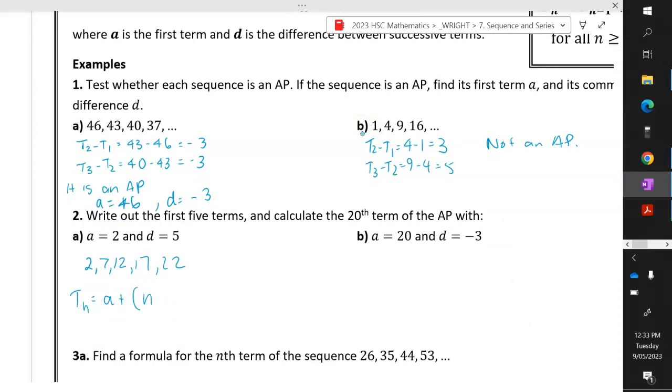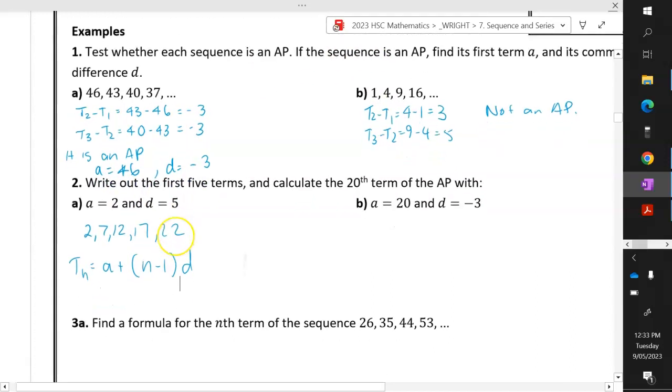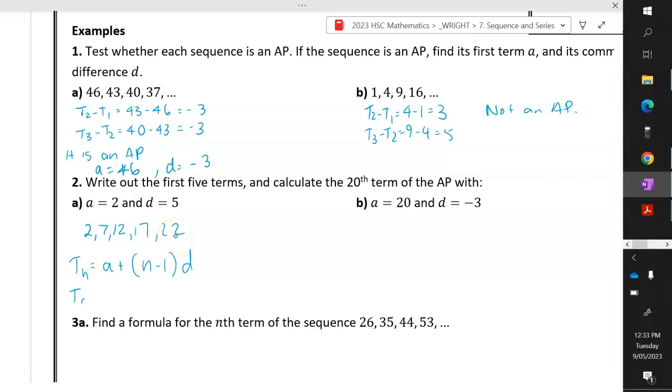We have A and we have D. So we want to find term 20. Term 20 would be 2 plus n minus 1, which is going to be 19, times 5. So term 20 is going to be 2 plus 19 times 5. So term 20 is going to be 97.